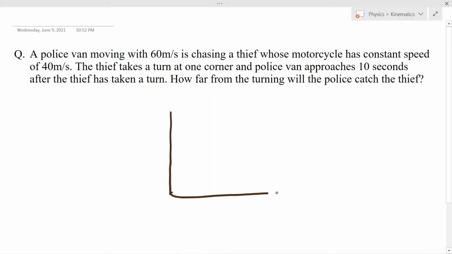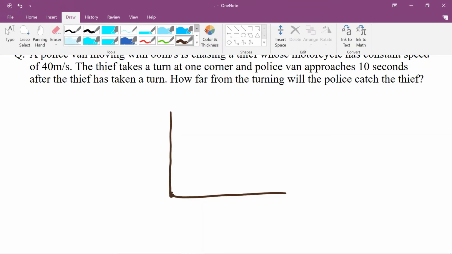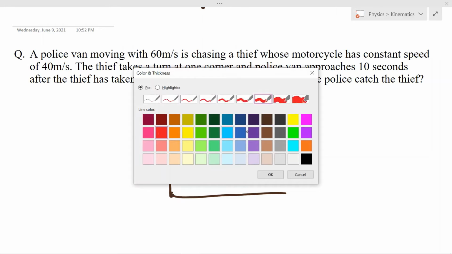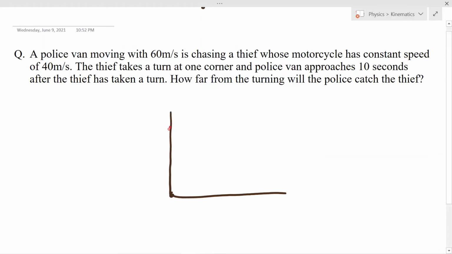So suppose there is this turning at which they cross, so at which both of these go around, and let's say the police van is moving with 60 meter per second. So when the thief has reached this point, let me use a different color, suppose this point, the police van approaches here.